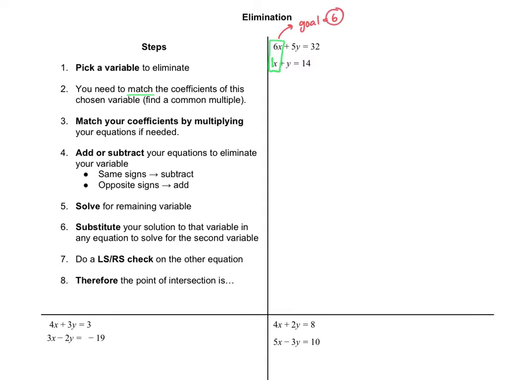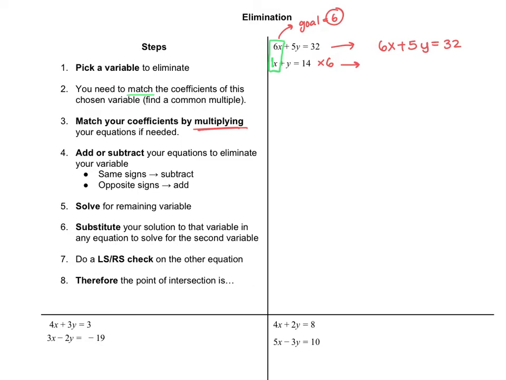So the first equation is fine just the way it is. So I'm just going to rewrite it. My second equation, I need to turn that 1x into a 6x. And the way we're going to do that is by multiplying the equation. I know to get 6, I can do 1 times 6, which means I'm going to take my entire equation and multiply every single term by 6.